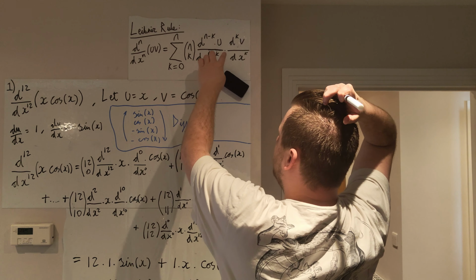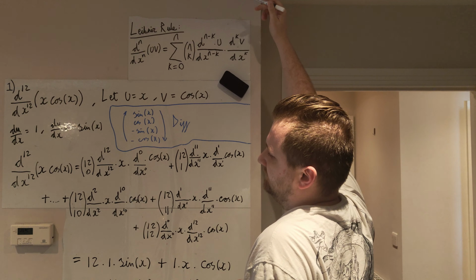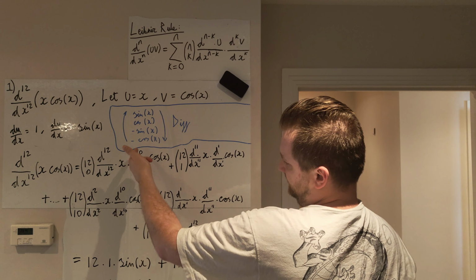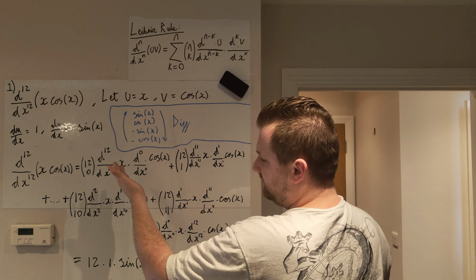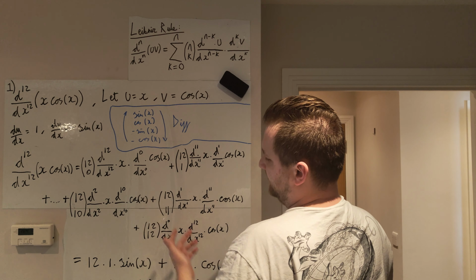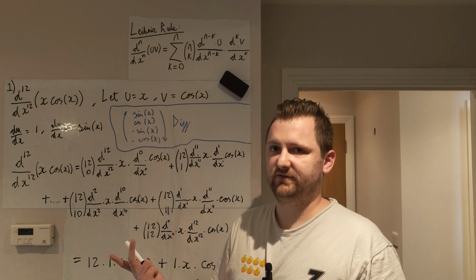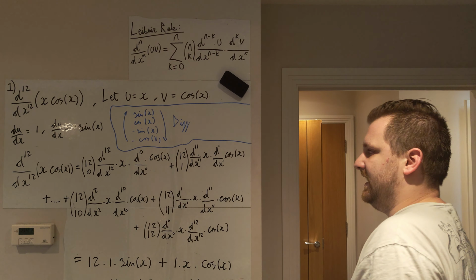And then that is times d over dx, k times, which is 0. I will double check this before I upload the video, but because it's to the power of 0, pretty sure that means you're not differentiating it. So that will just stay as cos of x.